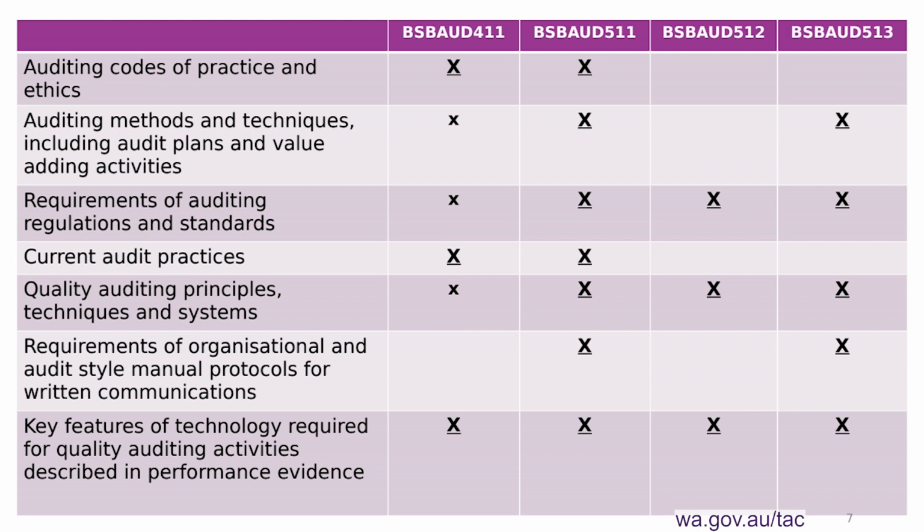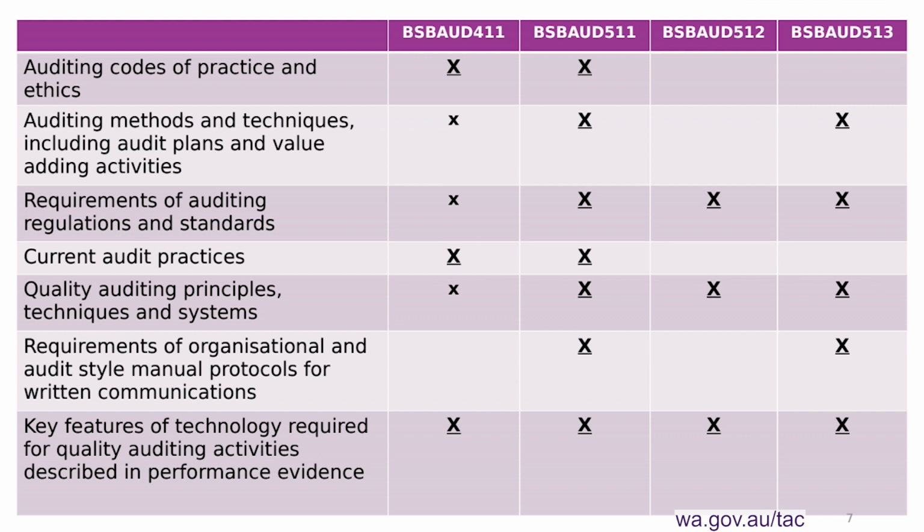Typically, they're done by one person, but sometimes there are other people involved in audits. And that's where the 411 unit comes in. That unit is about participating in a quality audit. And typically the things that are done there are done by a co-auditor, someone who is actually helping the lead auditor who's responsible for the other three.